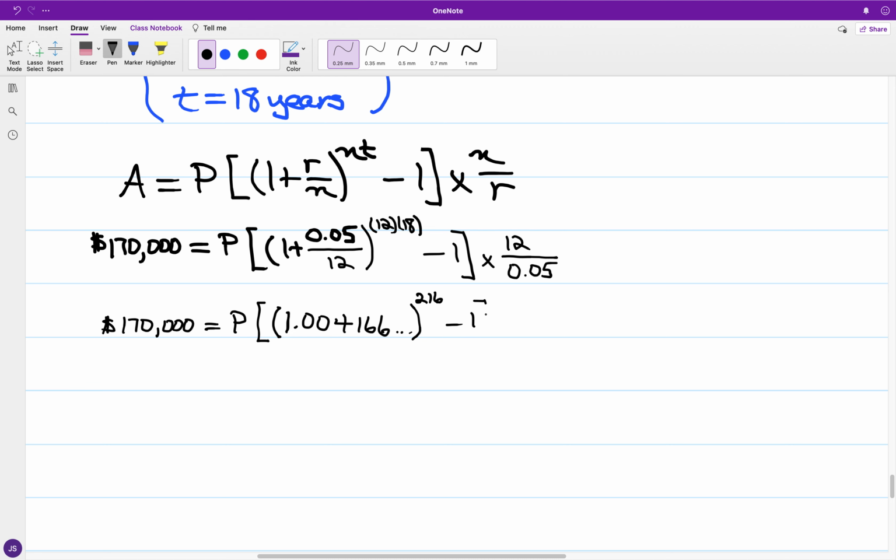We got minus 1. Now 12 divided by 0.05, that will be 240. Then within the parentheses, you have this decimal to the 216, among the first digits, 2.455, and again, we have minus 1, and we have times 240.